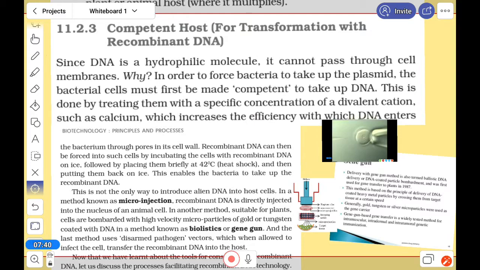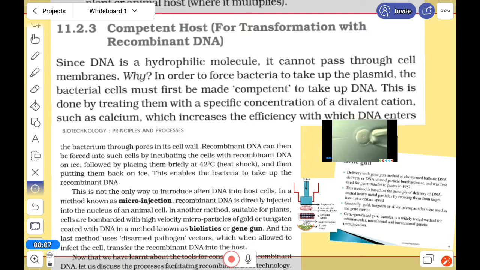There are also manual methods, direct and forced methods, forceful injection, a microinjection way, by which you can insert DNA inside an animal cell, and also a plant cell. Now let's see the gene gun.